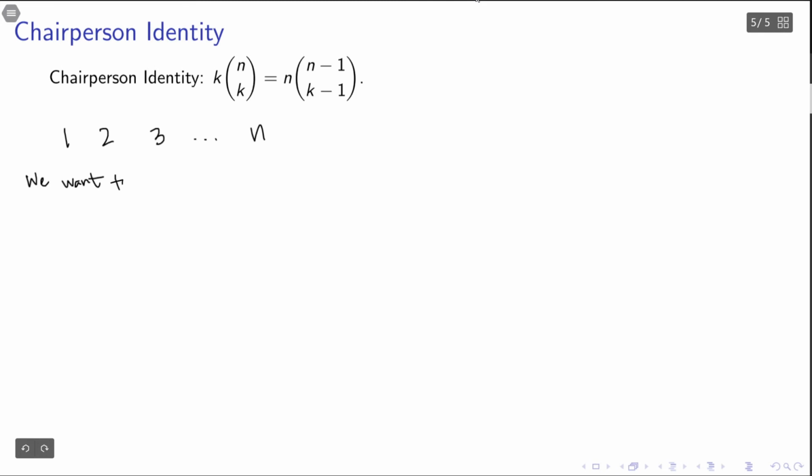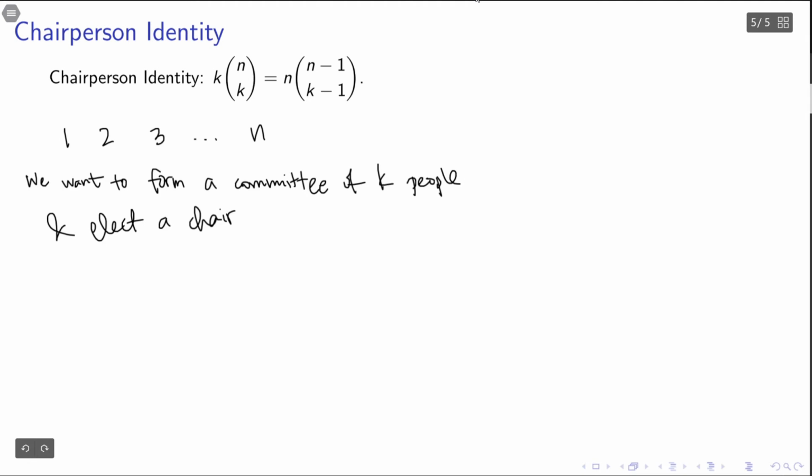We would like to form a committee of K people picking from these N, and elect a chair for the committee, or a head or a leader for the committee. So the question now is, how many ways are there to do this? Is this the correct object that we need to count in two ways in order to get this identity?